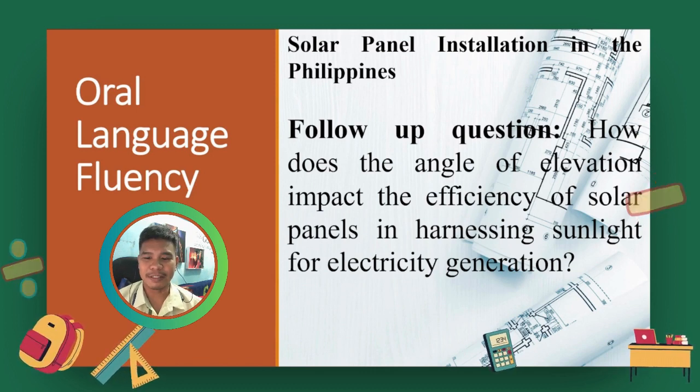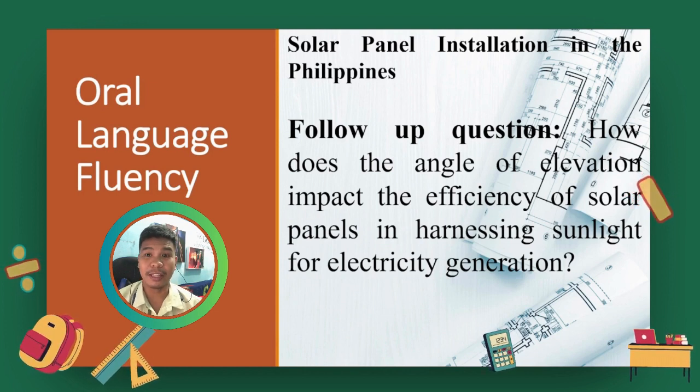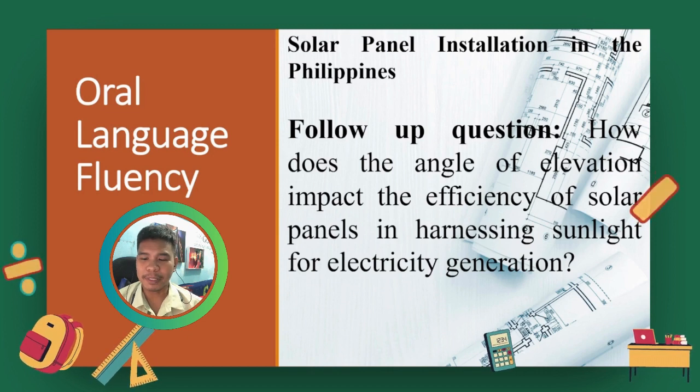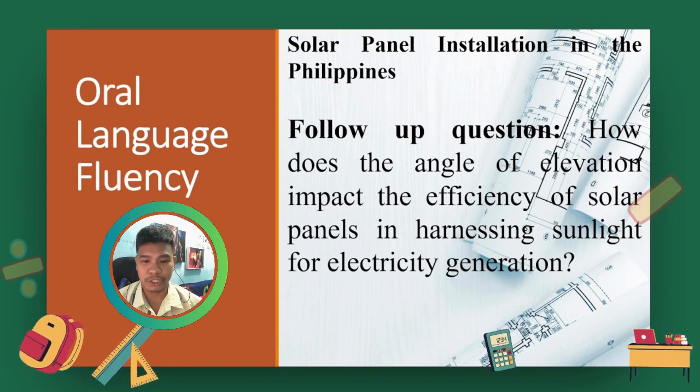We want to maximize sunlight exposure to generate as much electricity as possible. They assess the optimal angle of elevation for their solar panels. They research the ideal tilt angle based on seasonal variations in the sun's position.